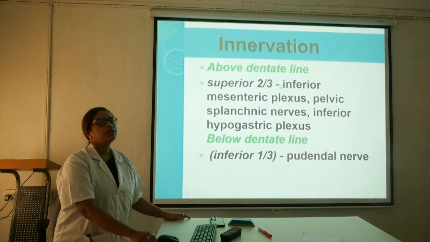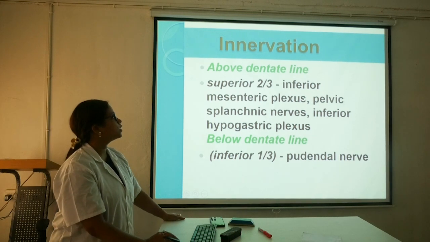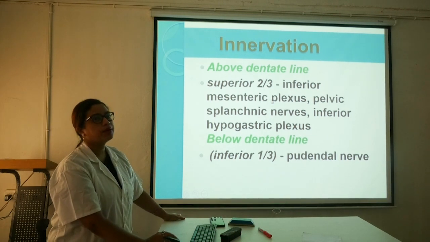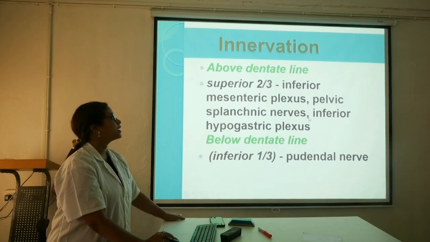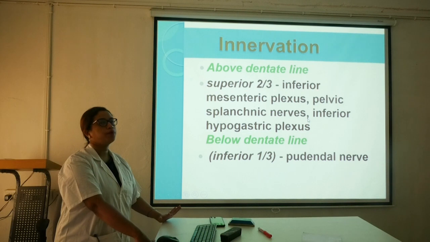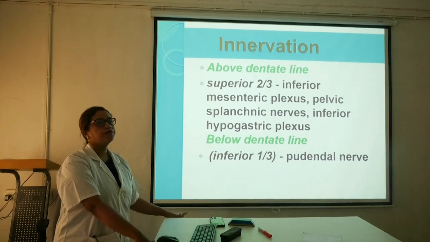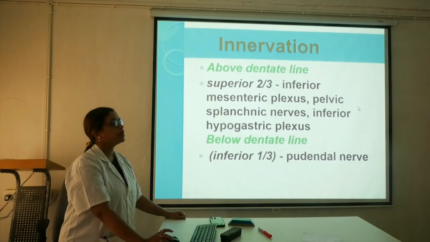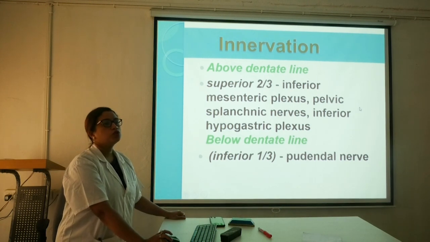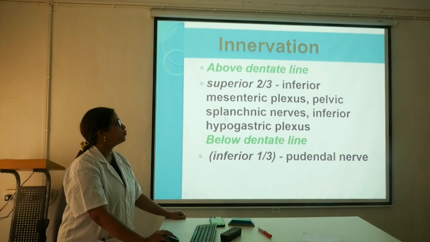Now about the innervation, the superior two-third is by the inferior mesenteric plexus, pelvic splanchnic nerve and inferior hypogastric plexus. So the inferior hypogastric, inferior mesenteric, and another one is the pelvic splanchnic nerve. This term splanchnic is new for you.